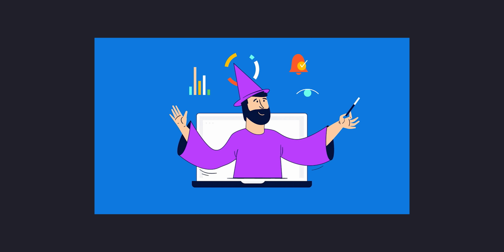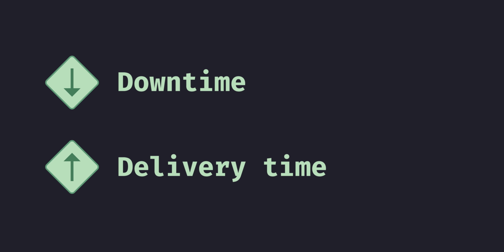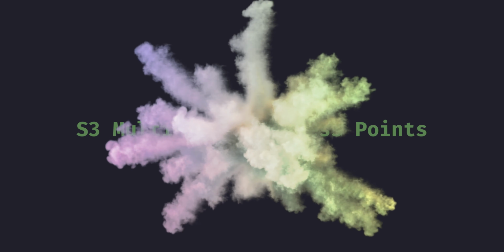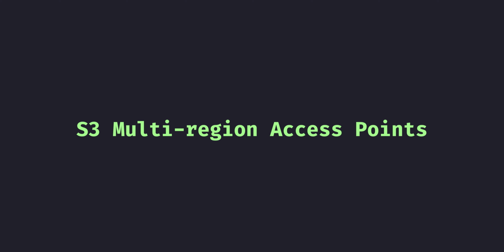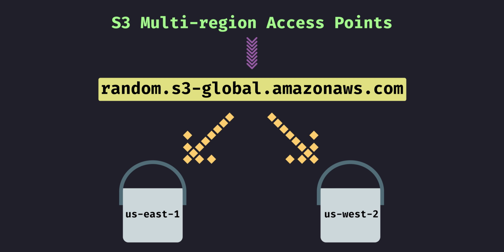Let's say one day you create a software solution that is used by millions of people worldwide, and you want the lowest downtime and fastest content delivery. You will want to try S3 multi-region access points. It provides a single global endpoint that you can use to access replicated datasets spanning multiple buckets in S3.